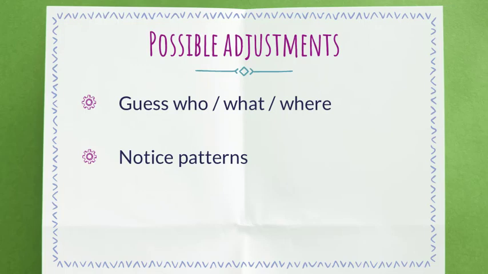Another possibility could be to get the listeners to notice patterns. So maybe the follow-up could be, after the 3 repetitions, what patterns, what things in common did you notice between the stories that your 3 classmates told you?